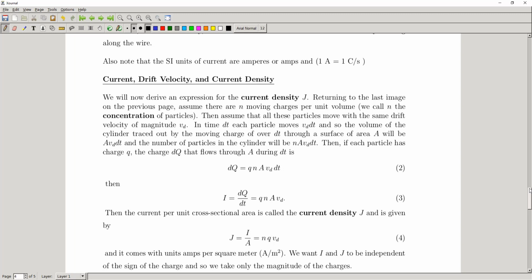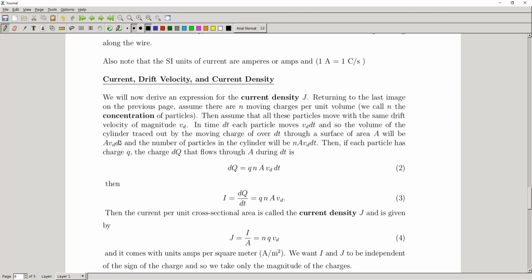We're going to end up with a volume for that cylinder of A Vd dt. Remember, this portion of this expression is just the distance that each particle is going to move, and a bunch of particles will move through that area that we have defined. So this is going to trace out basically a cylinder.